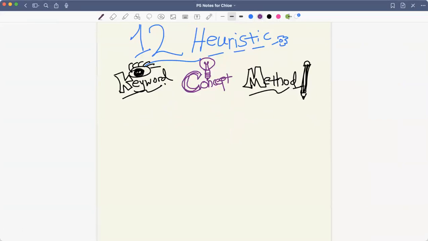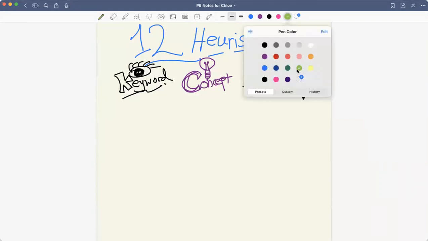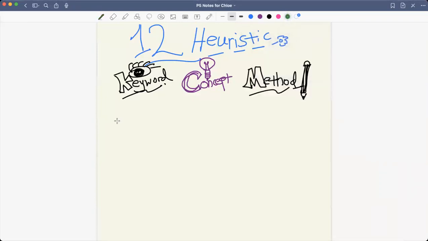First one, we have more than, less than. So when you see more or less than, the concept is just more, less than.